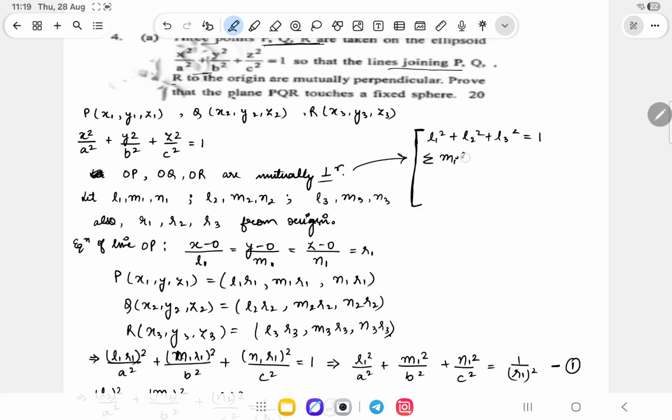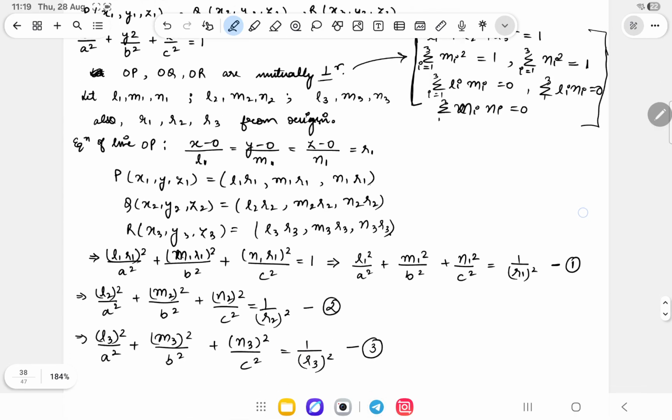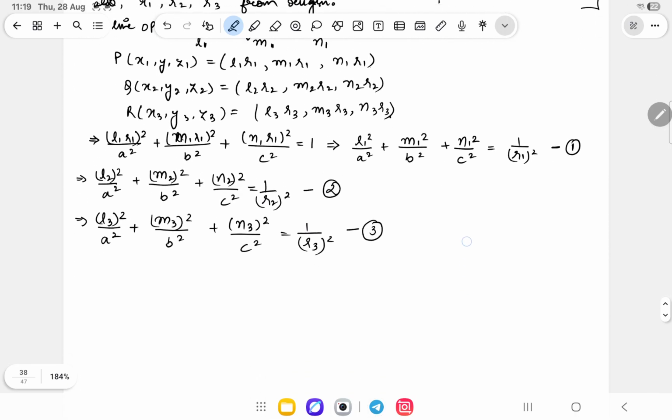Likewise summation mi square, where i is varying from 1 to 3, is also equals to 1, and summation ni square is also equals to 1, and summation li mi equals to 0, summation li ni equals to 0, and summation mi ni is equals to 0. In all these, i is varying from 1 to 3. These are the conditions which I got using the mutually perpendicular relation of lines OP, OQ and OR.